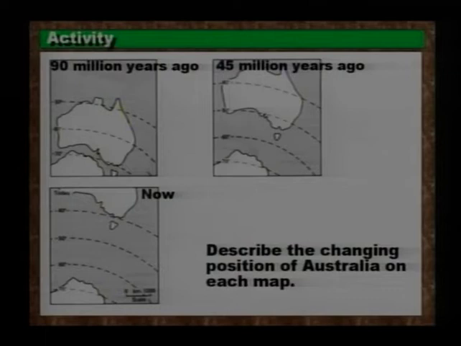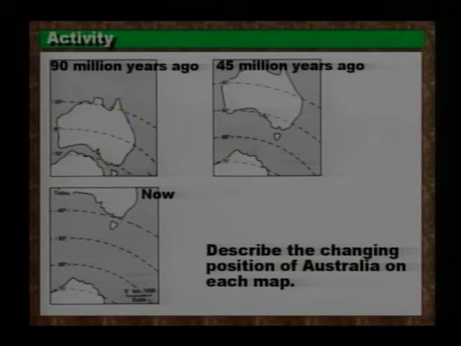The question read, describe the changing position of Australia on each of the maps that is given. You look at those 3 maps and explain the change in the position of Australia on each of those maps.